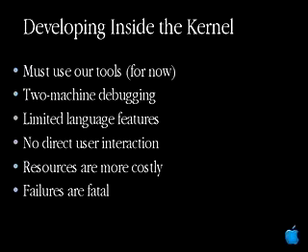Resources within the kernel are highly costly. Certainly, allocating things at interrupt time is a no-no. There are very restricted usage situations for being able to allocate resources. And as a general rule, anything that lives in the kernel needs to be very, very, very conscious about the resources that you use, because generally they tend to be wired resources. You're actually taking real memory away from the rest of the system. And failures in the kernel environment are fatal.